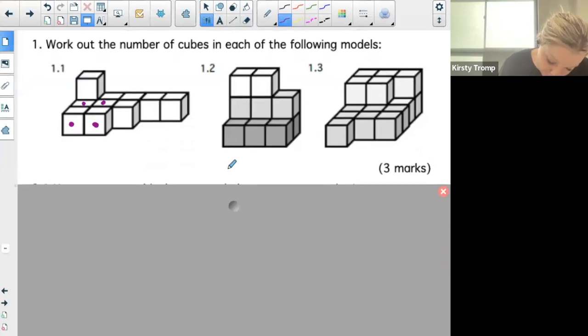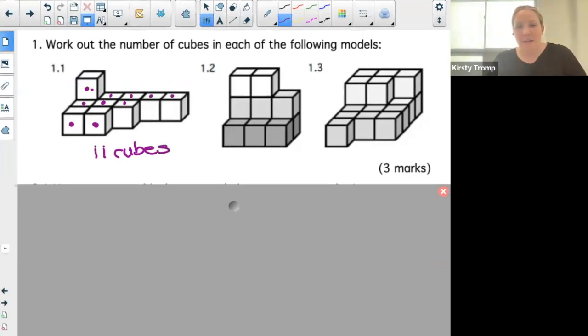So I'll have cube number 5, cube number 6, number 7, number 8, number 9, number 10, and number 11. So I completely agree. I have 11 cubes for that first one. Well done.